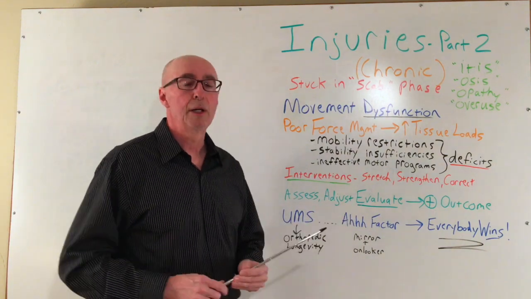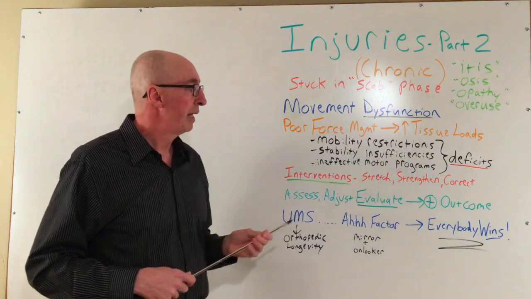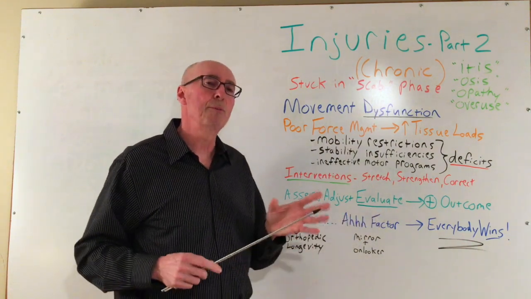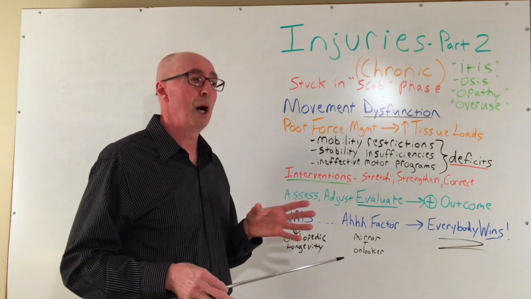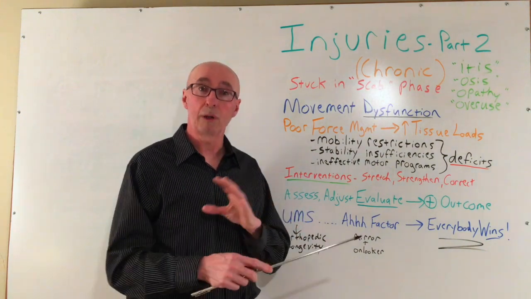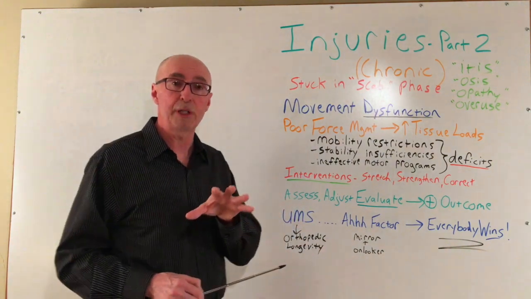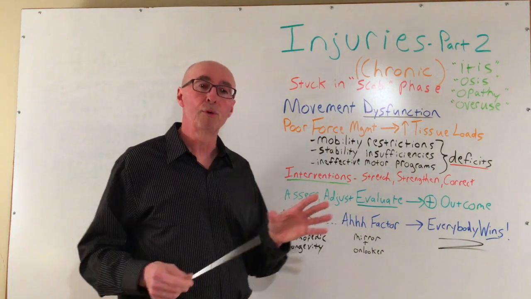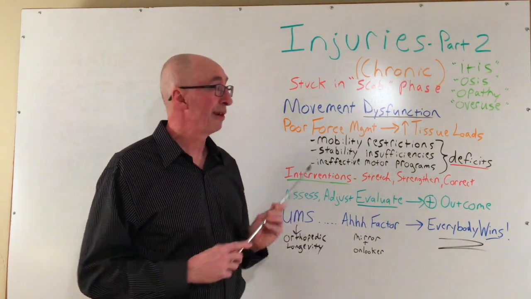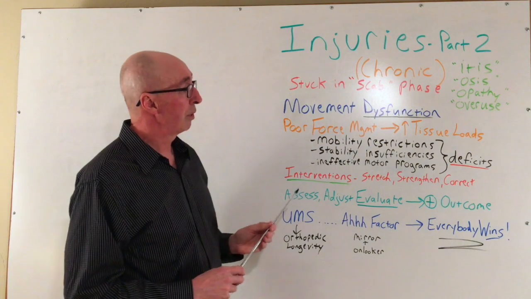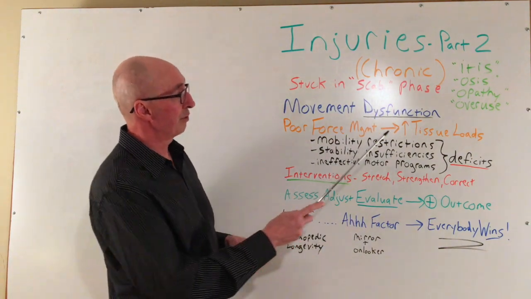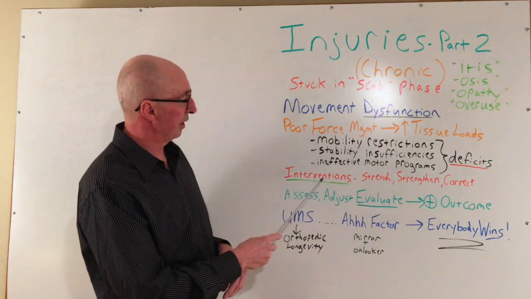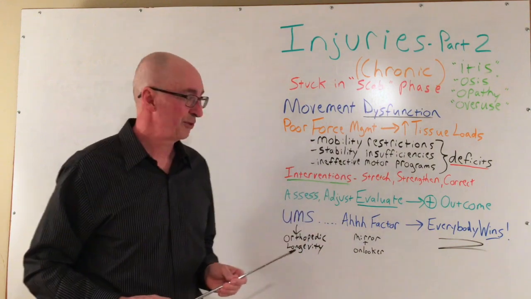That's kind of a bucket term there. And then lastly, correct. We want to correct movement patterns. That's done with focused training, where we learn or relearn sometimes the original, ideal, proper movement skills that our bodies benefit from having.